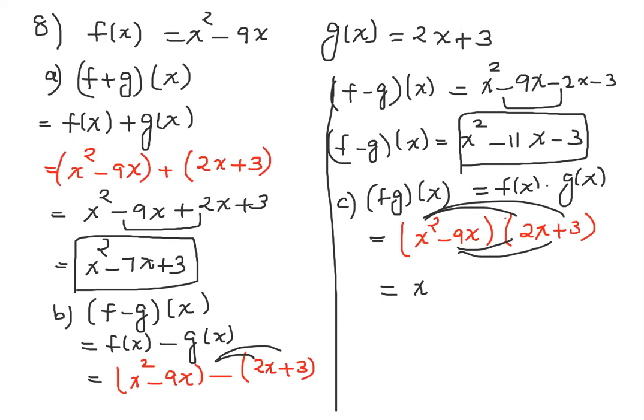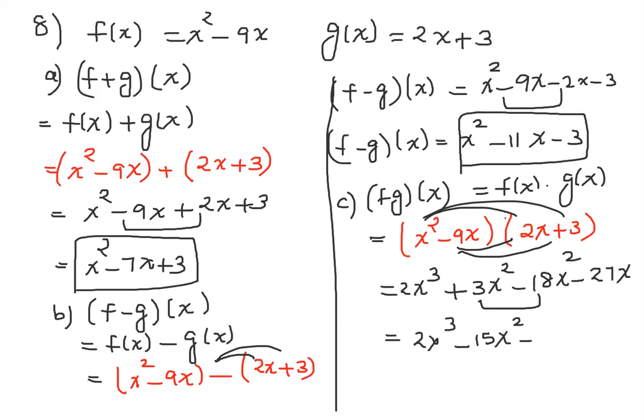So we get 2x to the third plus 3x squared minus 18x squared minus 27x. I'll combine the like terms, so we get 2x cubed minus 15x squared minus 27x. And every time, you have to make sure you check your answers as well.